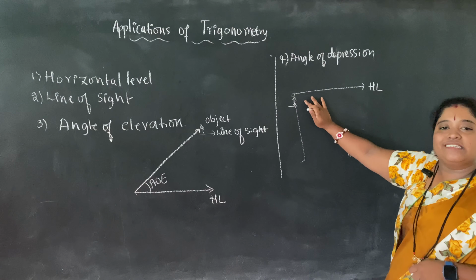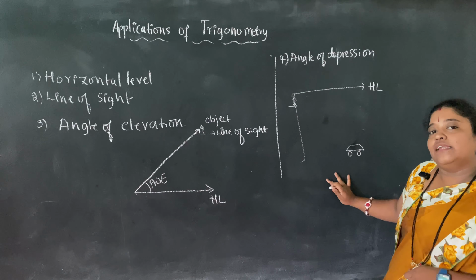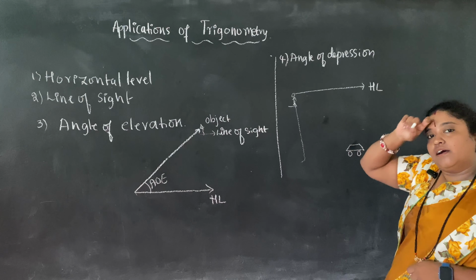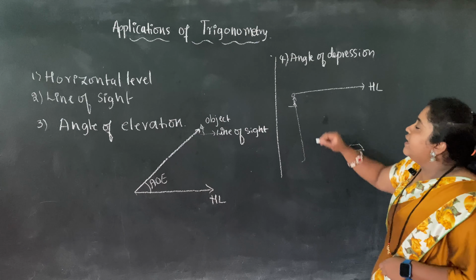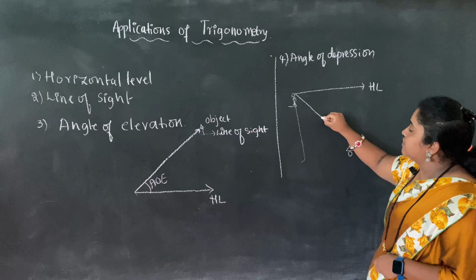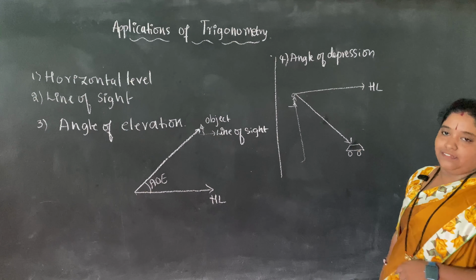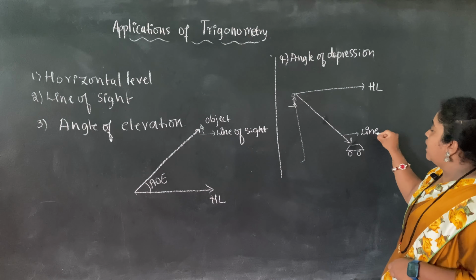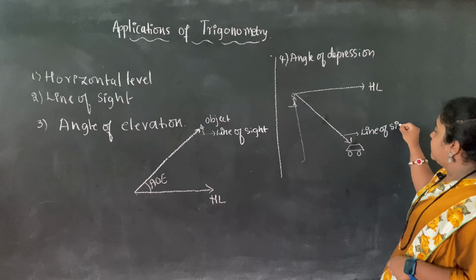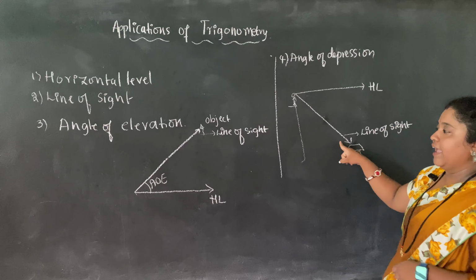The person who is standing over there, when he wants to look at the car which is going at the bottom of the building or near the building base, he has to see it like this. Yes or no? And what is this line called? This line is called the line of sight.